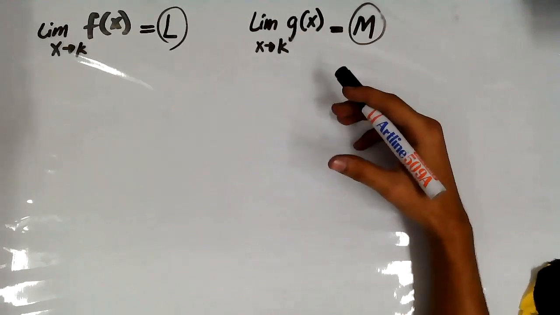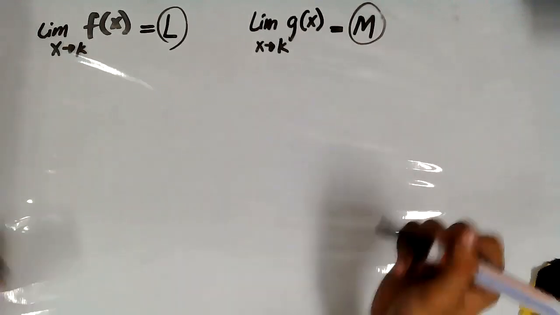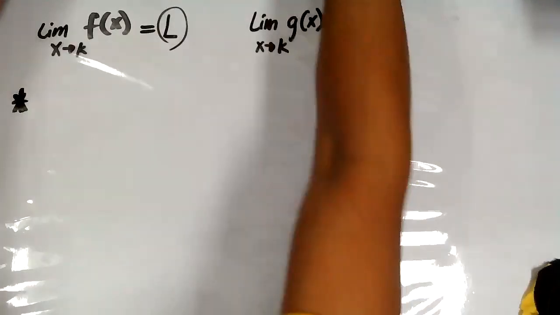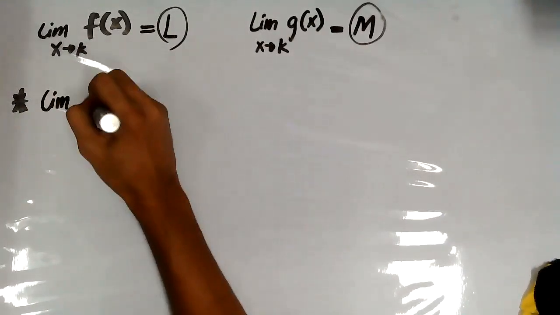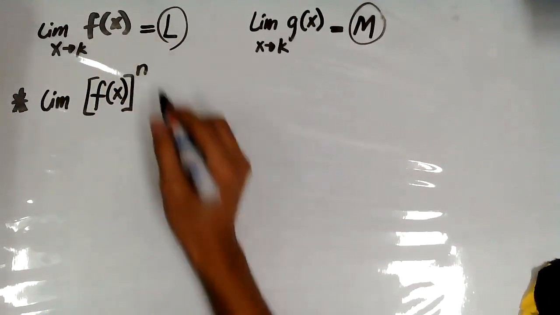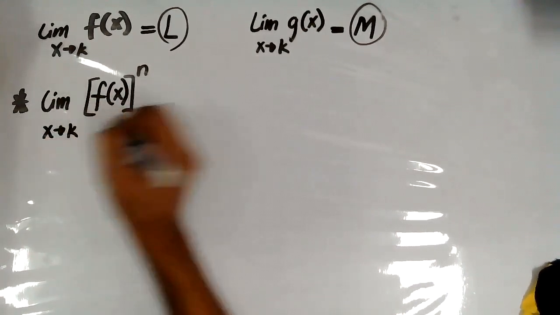Now let's look at the situation where your function has an exponent. What would the function be like? So for example, you have the limit of your function that is raised to an exponent n, where your n is any positive integer, as your x approaches k.